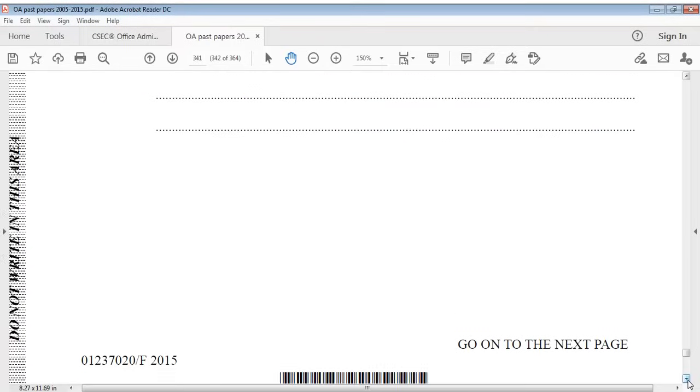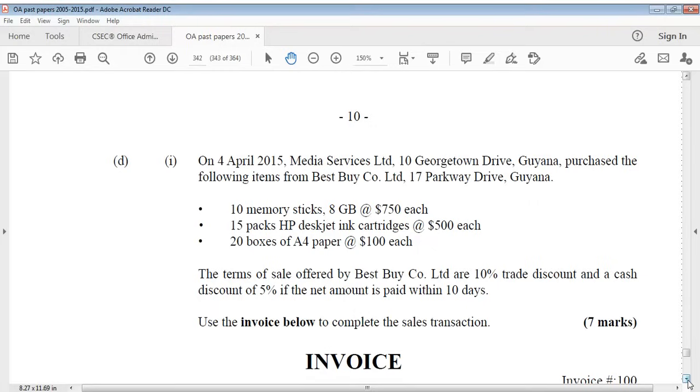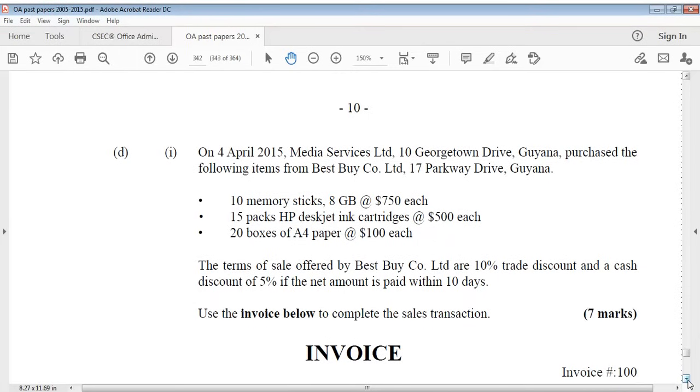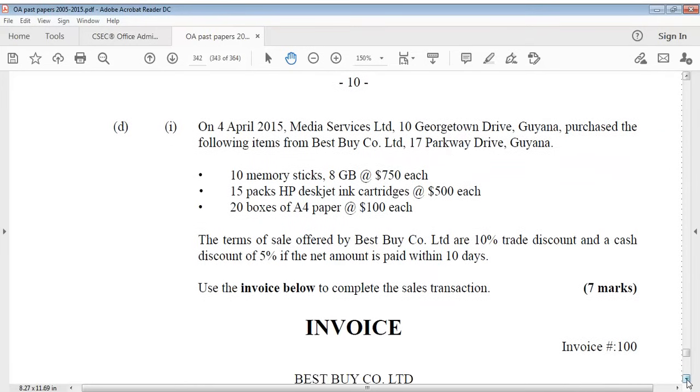Let's move on to question number 4D. Okay, so this question is an invoice, right? So you are going to do this one at home, right?